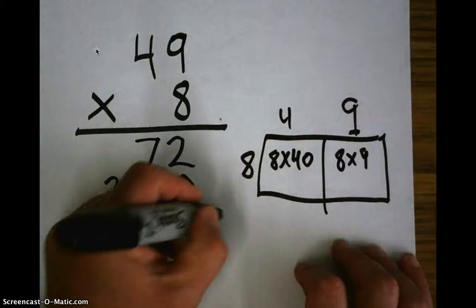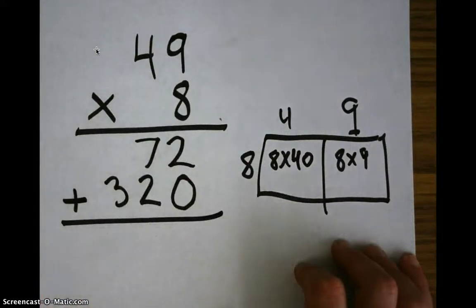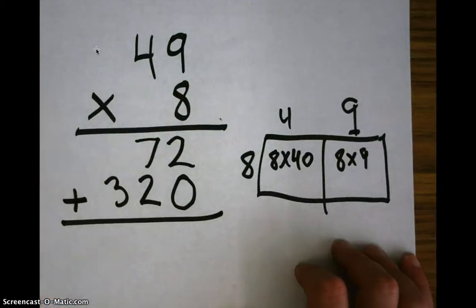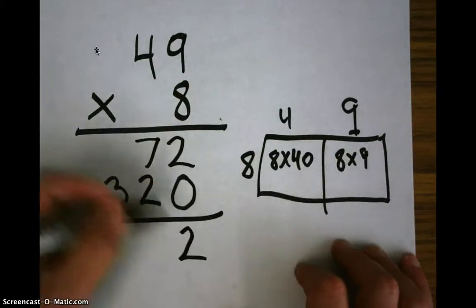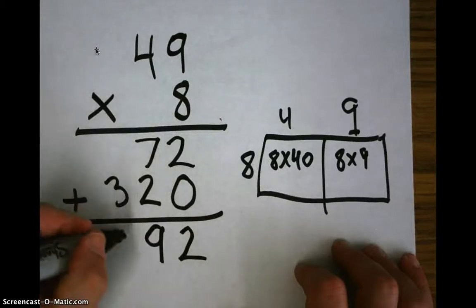I put my line underneath, and what am I going to do with these? I'm going to add them up. These are all my partial products. I need to combine them to get my complete product down below. So 2 plus 0 is 2, 7 plus 2 is 9, and 3 plus 0 is 3.